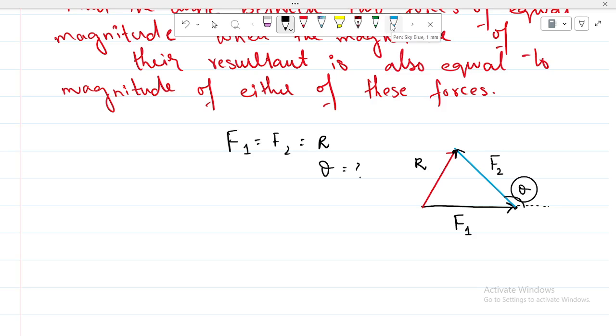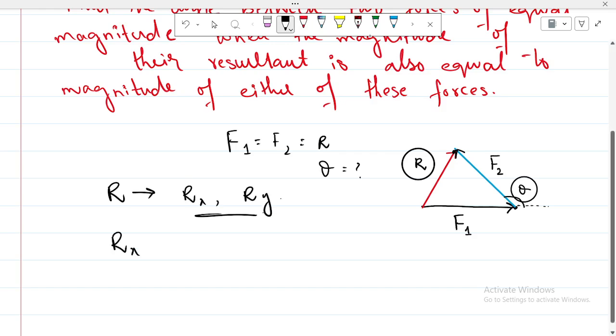To actually solve it, what we first do is find the components Rx and Ry, the two components of the resultant force. The resultant force that we have is R, and obviously it has two components, Rx as well as Ry.